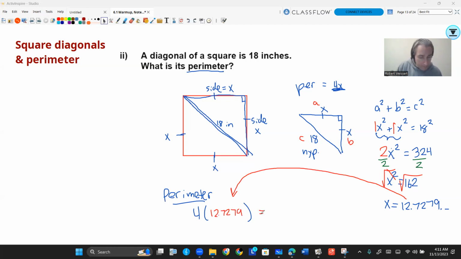I can just say times 4, and that's going to give me about 50.91. What's my unit? Well, these are inches. Perimeter is a length, so we do not do square inches, we do inches. So 50.91 inches, or about 50.9 inches if you want a little more rounding.